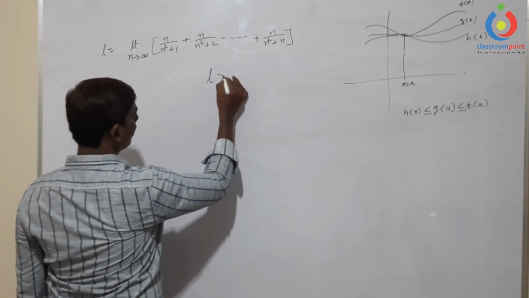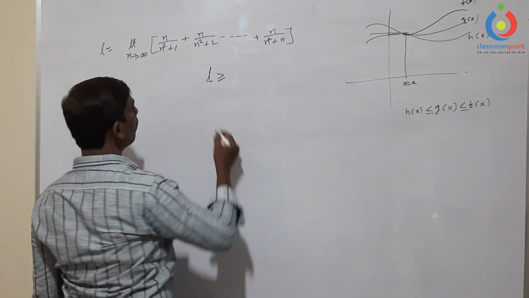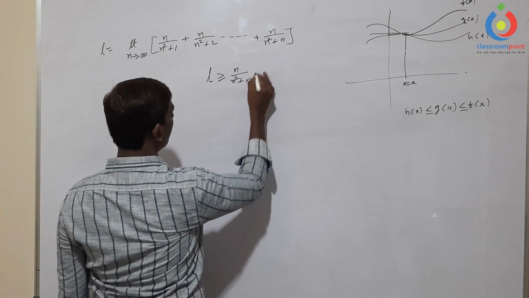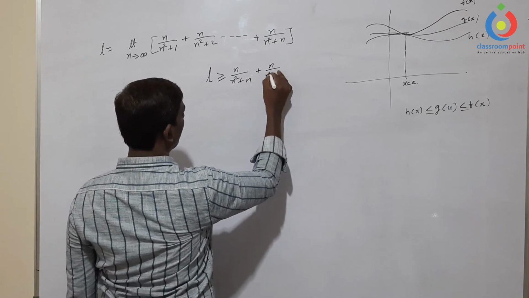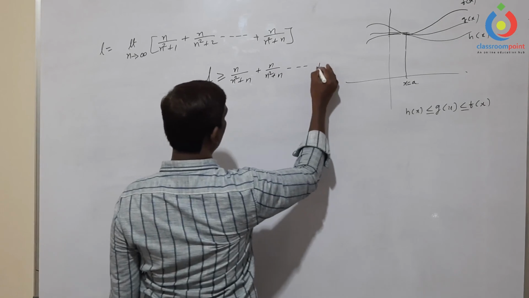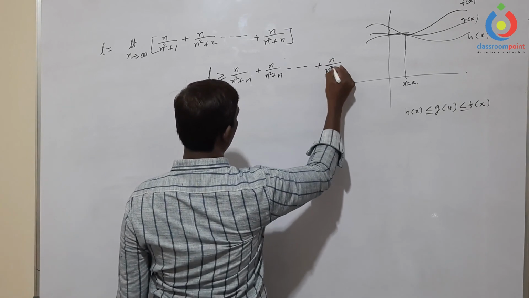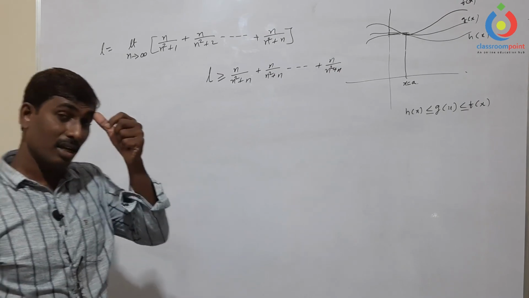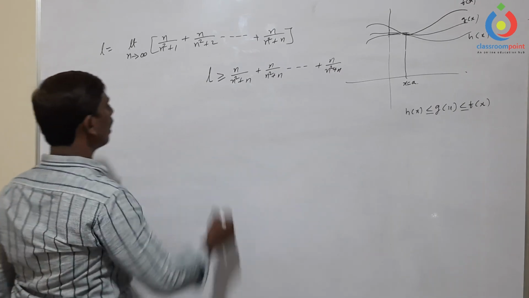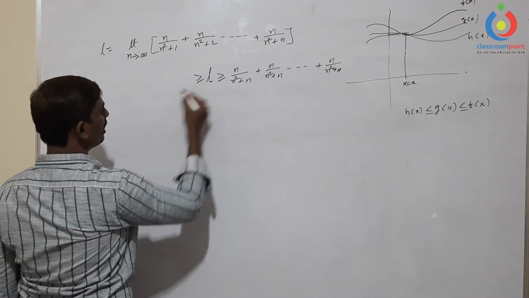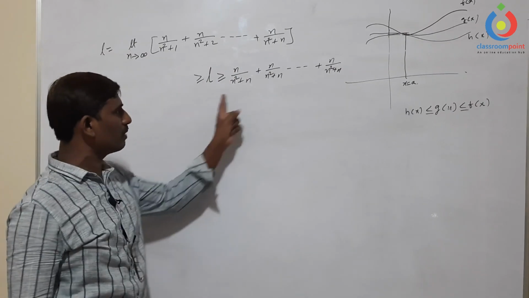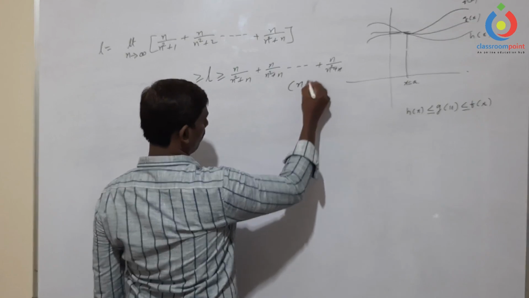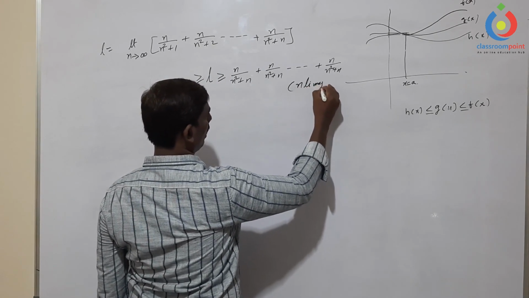So let us consider this total as L. L is greater than or equal to n by n square plus n plus n by n square plus n and so on, n by n square plus n. We have done this type of problem in the last session. It is a good question. The least value is repeated a number of times, total n times.